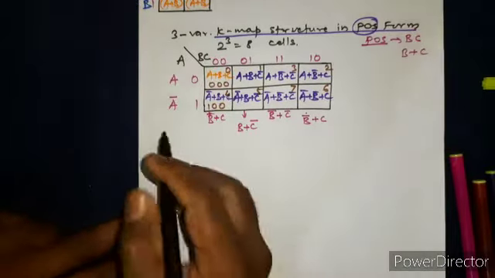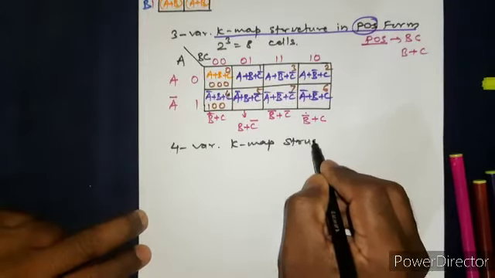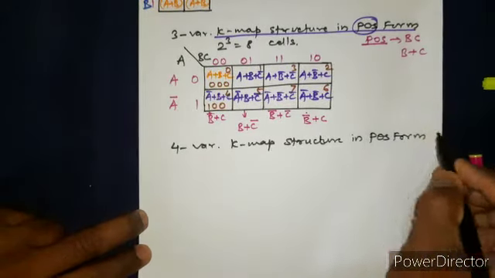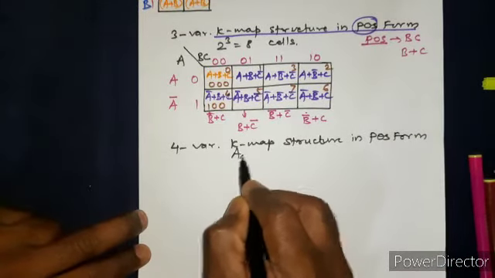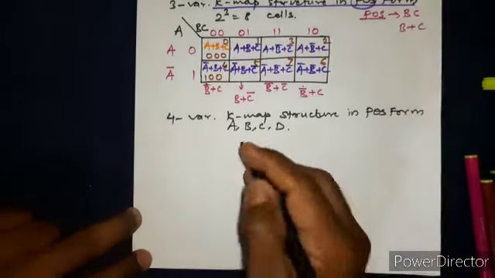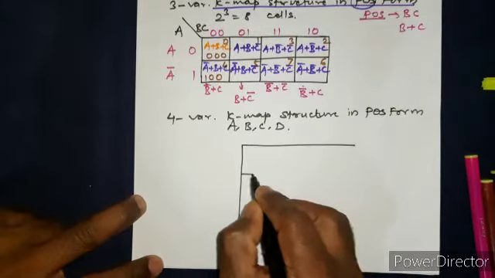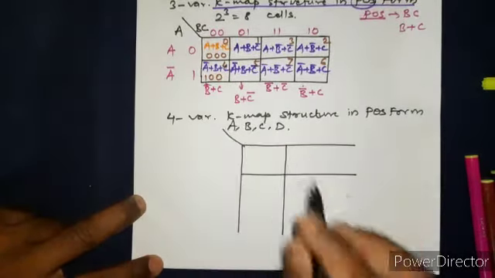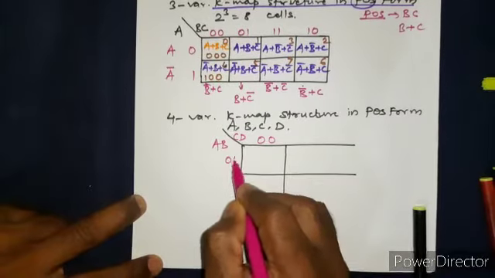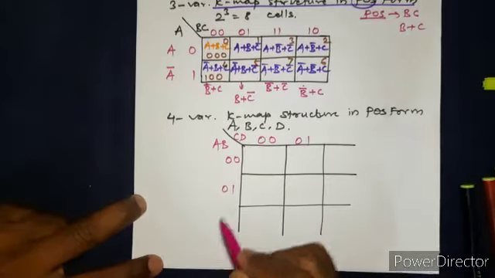Similarly, now you can try the 4 variable K-map structure in POS form, where we have 4 variables or literals A, B, C, D. Just to give you a hint, if you consider A, B, C, D, this is 0 0 0 0, and then we can have 0 1, 0 1 likewise.